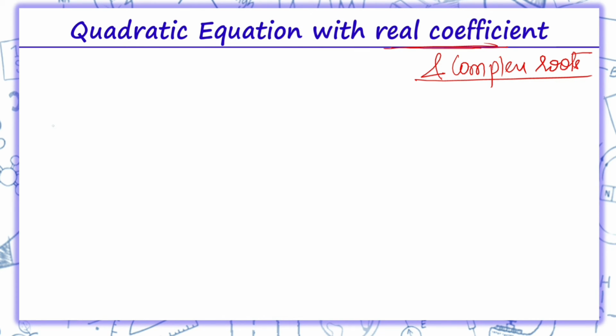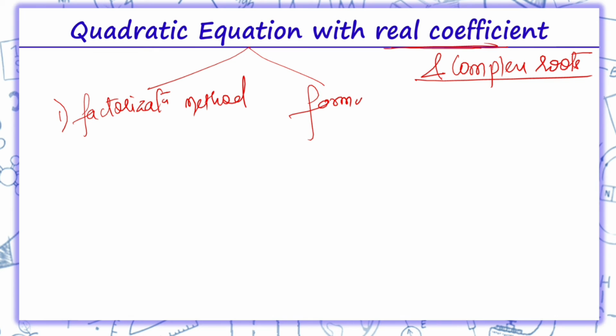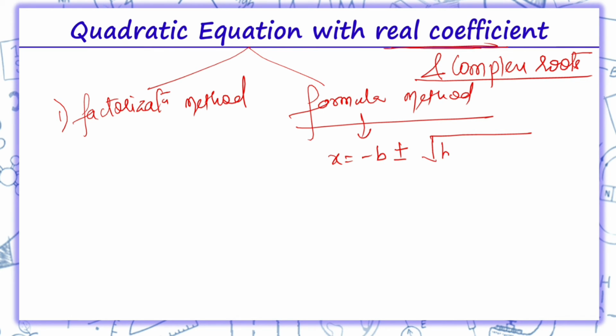You remember this quadratic equation is basically solved by 2 methods. The one is the factorization method and the other one is the formula method, and this formula is x = (-b ± √(b² - 4ac)) / 2a.